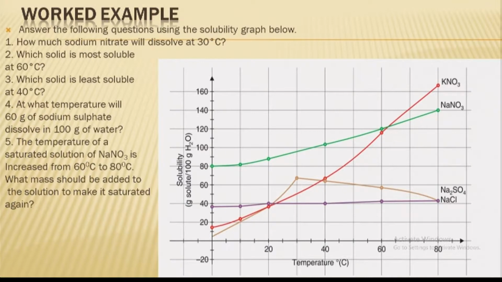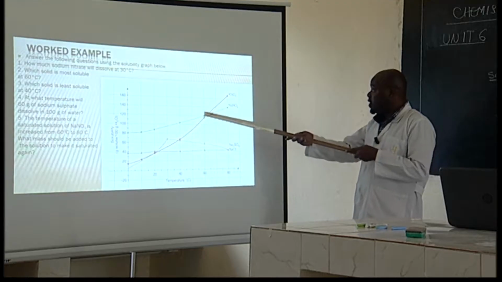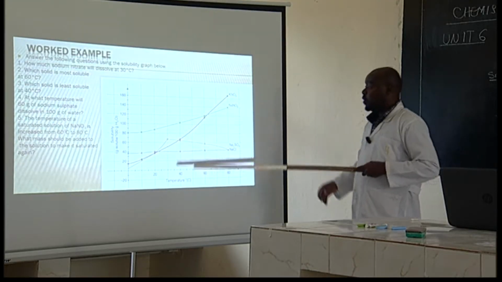Number 5, the temperature of a saturated solution of sodium nitrate, the same compound, is increased from 60 to 80 degrees. So it's from 60 here to 80 degrees. You can see that as temperature changes, even the solubilities change.